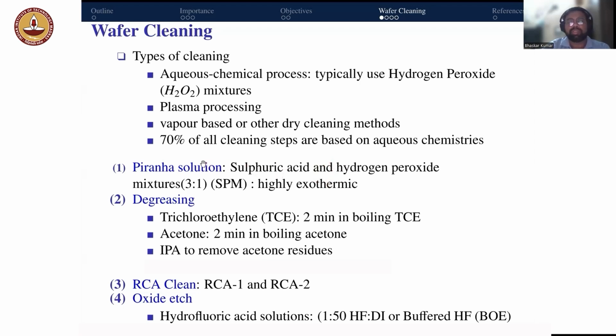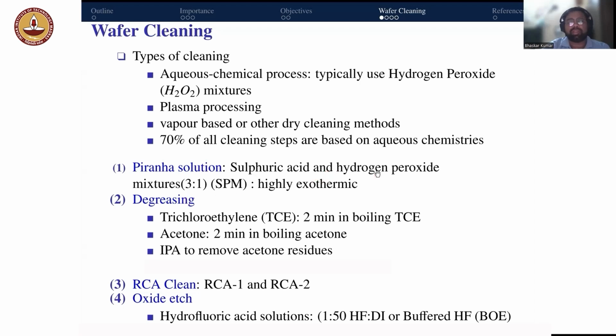But the downside of this process is that it leaves the surface roughened, creating much more surface roughness than the normal degreasing procedure used to remove organic contaminants. So we resort to that only when the normal degreasing does not work.